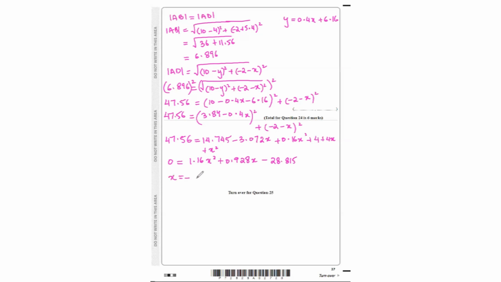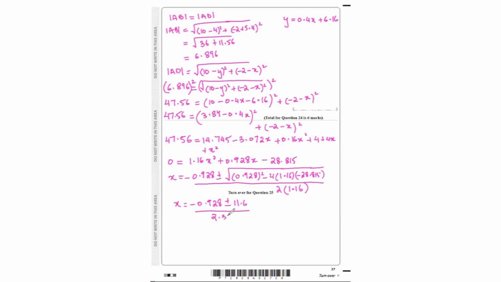So x equals negative 0.928 plus or minus square root of 0.928 squared minus 4 times 1.16 times negative 28.815, divided by 2 times 1.16. That's going to be negative 0.928 plus or minus 11.6, over 2.32.